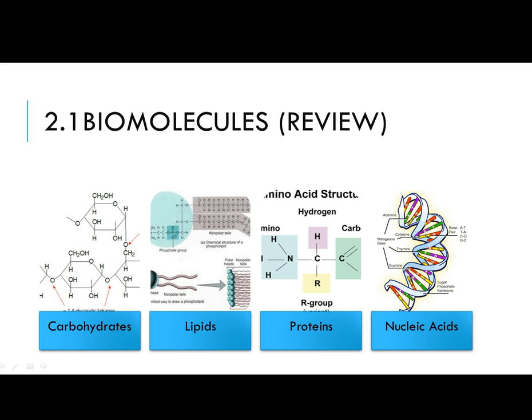Each of these molecules makes a contribution to a given cell. Carbohydrates have something to do with nutrient storage and nutrient use. But as we're going to study today, they also are components of cell membranes. Same thing for lipids. They could be used for energy or nutrient storage, but they're also very critical for cell membrane construction.